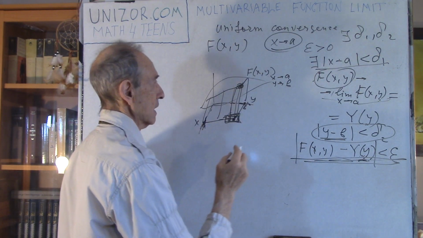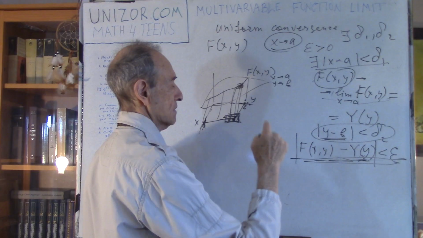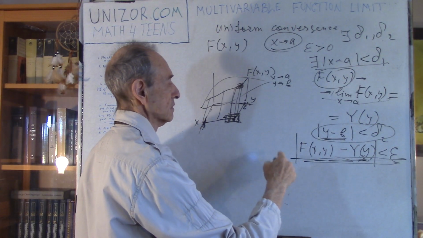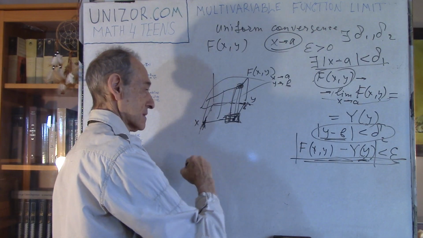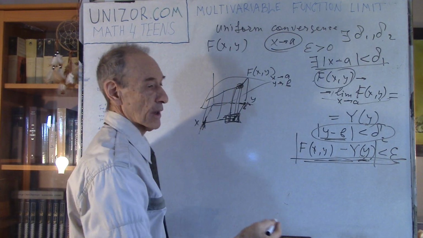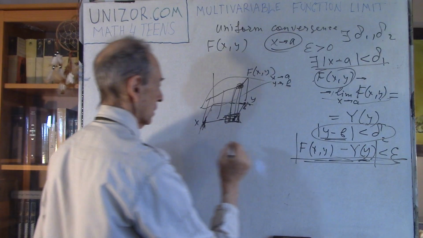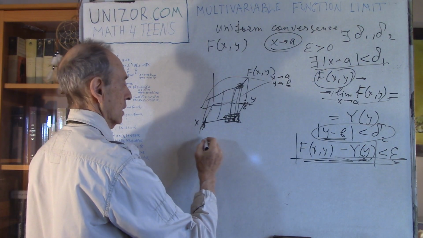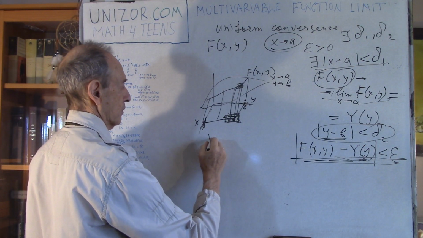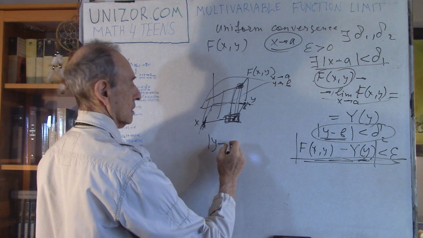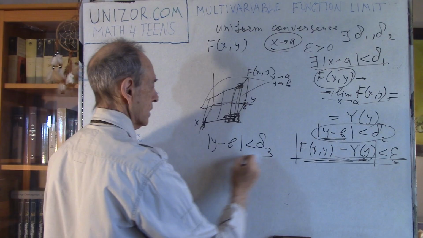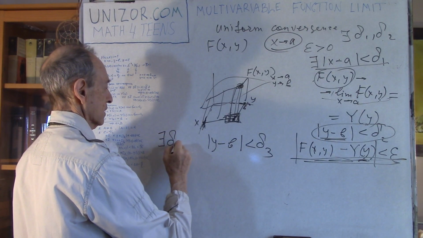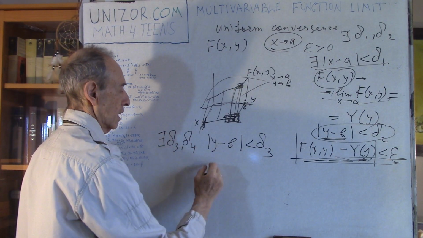Similarly, we can say that the function is uniformly convergent by x as y goes to its own limit. Let's say if y is within delta 3 of b, so there exist delta 3 and delta 4.